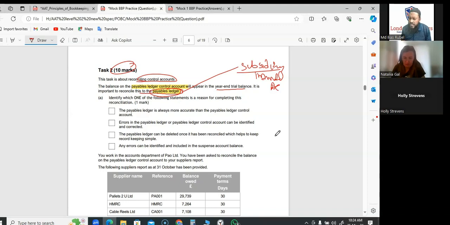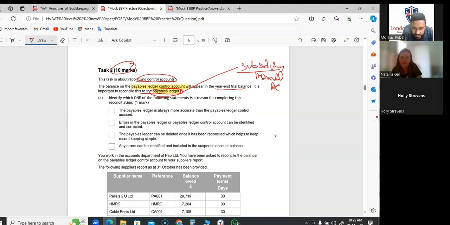Many students don't understand and tend to make mistakes. It's one person. So 2, 3, 4, 5 payables ledger accounts, you add up together and put in the control account. Like Allison, Camellia, Britannia, you sold goods on credit. Those are your receivables accounts. And if you're buying from them or anybody else, those are your payables accounts. When you add them up together in one account, that is the control account.